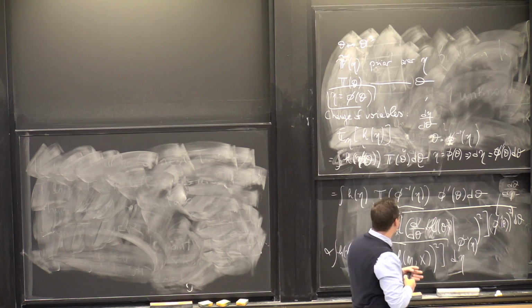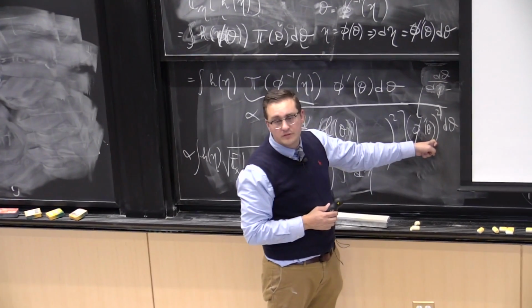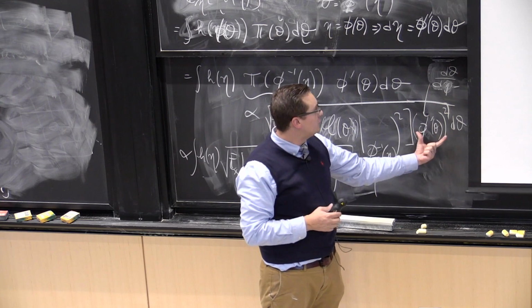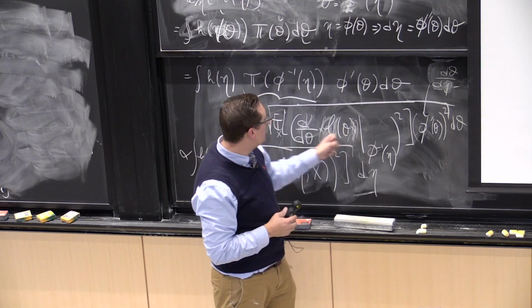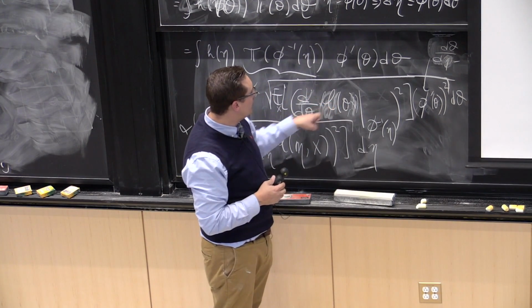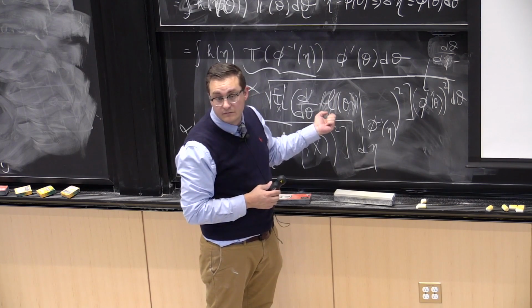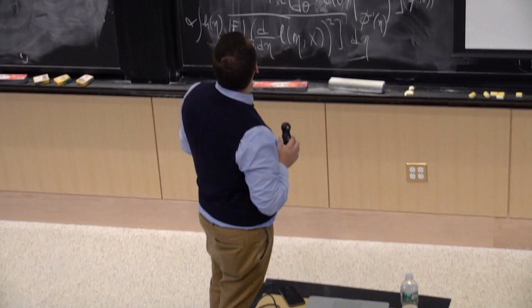This is really just the idea: you have the square root of a square in there, and when you do your change of variable, you just pick up something, you move it in there, you get a square, and it goes inside the square. So your derivative of the log likelihood with respect to theta becomes a derivative of the log likelihood with respect to eta. And that's the only thing that's happening here. I'm just being super sloppy for some reason.